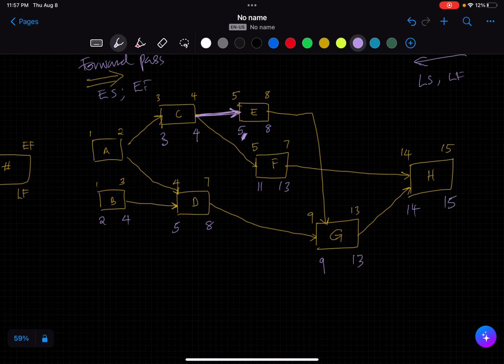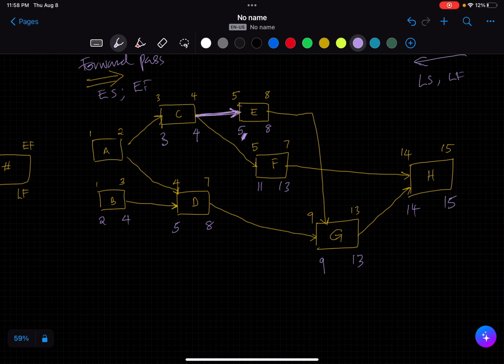So for activity B, we can afford not to start on the first week. We can delay it by a week because it's not going to impact D, right? Now let's look at A. What's the latest finish for A that will not affect the smallest late start date for its successor activities?